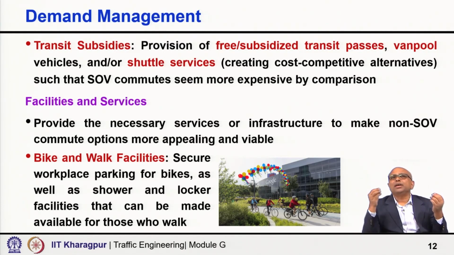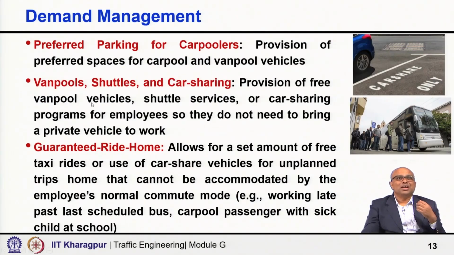Say for example, bike and walk facilities, secure workplace parking for bikes, as well as maybe shower and locker facilities for those who will use walk as a mode, and last mile connectivity. So, give them such kind of facilities, especially in offices in some of the countries where such things are possible. This will make the options for using NMT, bike or walk, more attractive.